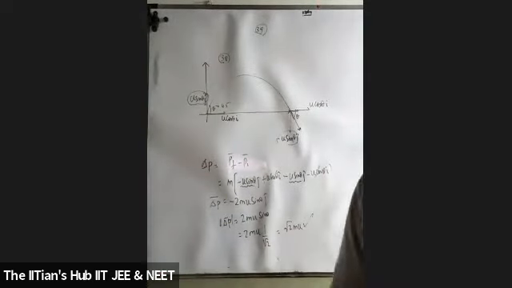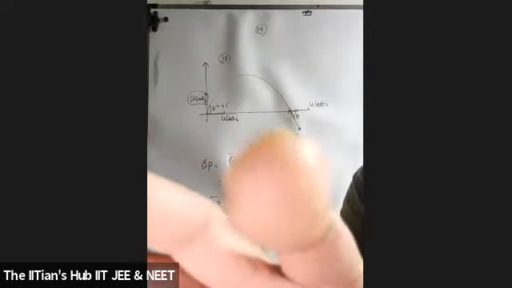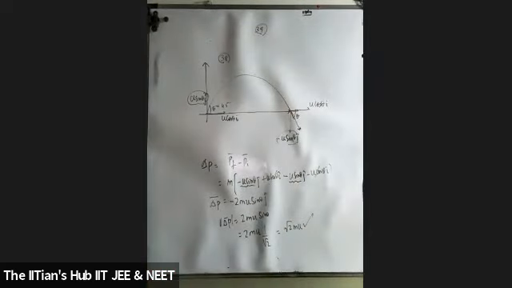Sir, we know that kinetic energy would be equal to p square by 2m. So for the initial kinetic energy, I found the initial momentum first, which is m into the magnitude of the velocity, that is, u cos 45 the whole square plus u sin 45 the whole square, which is nothing but m into u.